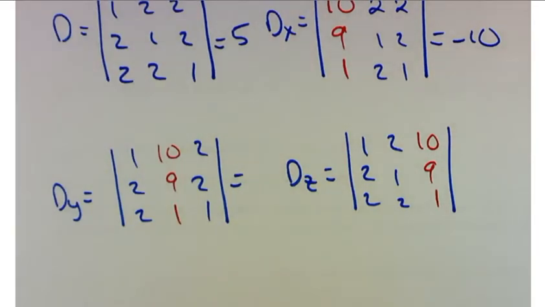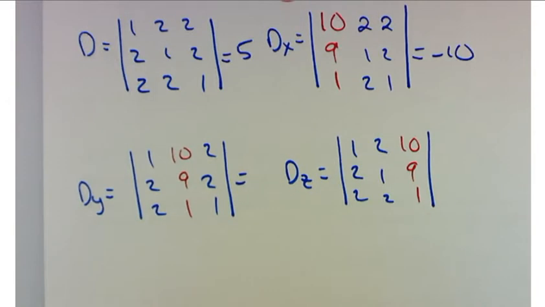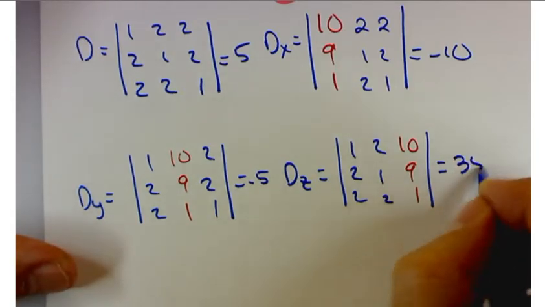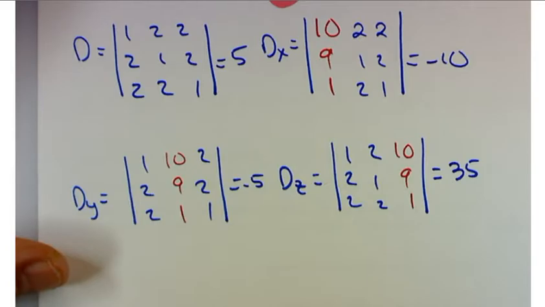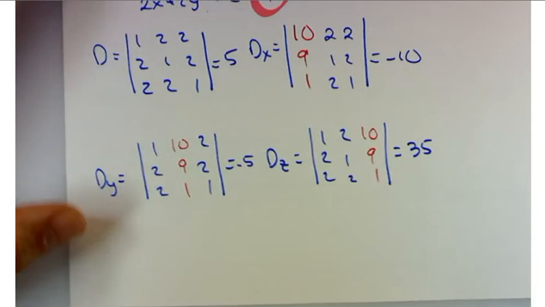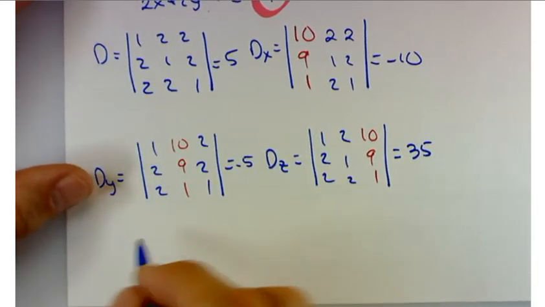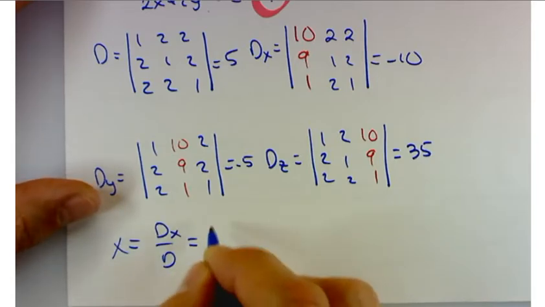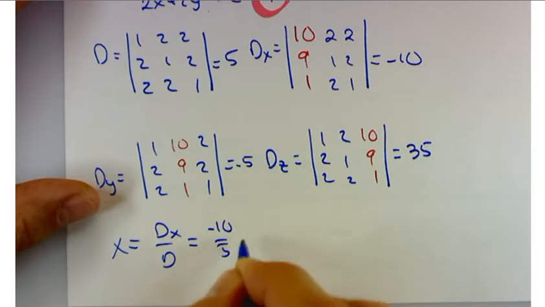If we did likewise for dy, you would get negative 5. And for dz, you would get 35. Finally, x is dx over d, which is negative 10 over 5, or negative 2.